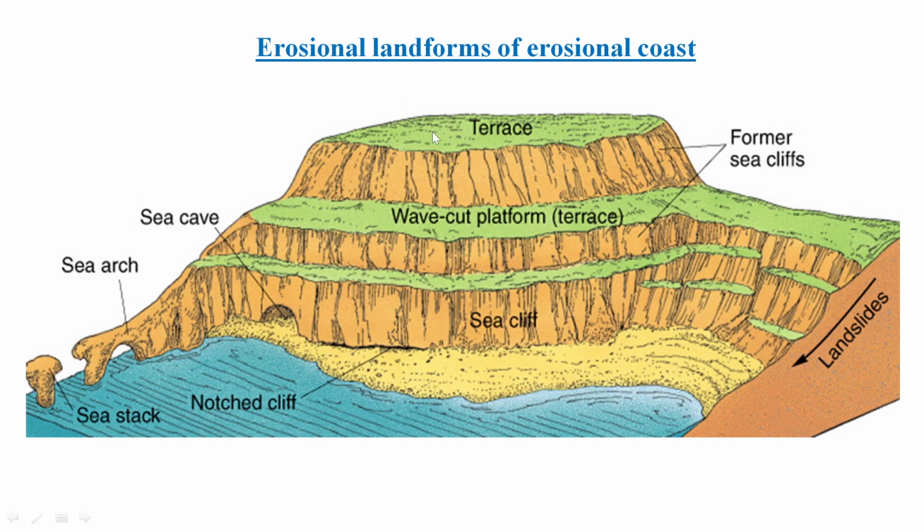Then other erosional landforms of the coast. If I look at the three-dimensional view, I can see the sea stack like this, sea arch like this, sea caves present here, and also different levels of terraces. These wave cut platforms are referred to again as terraces.